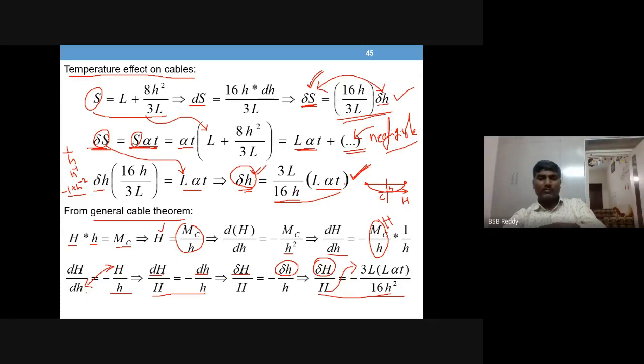L, H, alpha, T, all these are known values, or you can measure them, or they will be given data. Once you get delta H, then you can get delta S. Then from the general cable theorem, you can establish a relation for delta H finally. So closely follow this.